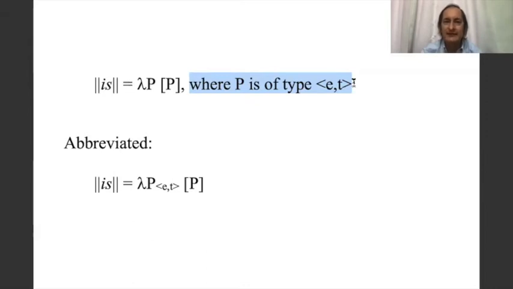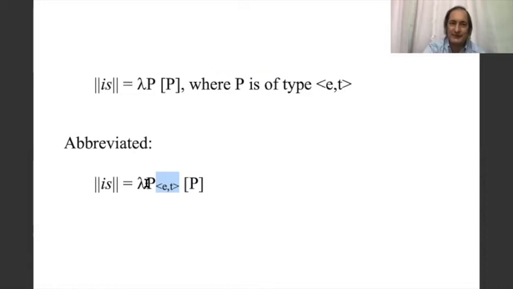This type information here that says p is of type ET, from now on, I'm going to put that onto the lambda expression. This is not a change in what the lambda expression is doing. It's simply helping us see explicitly what the type is intended as for any particular function, right?